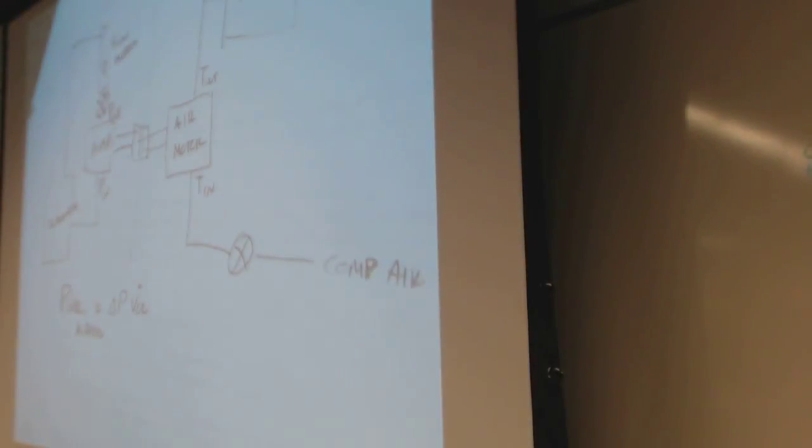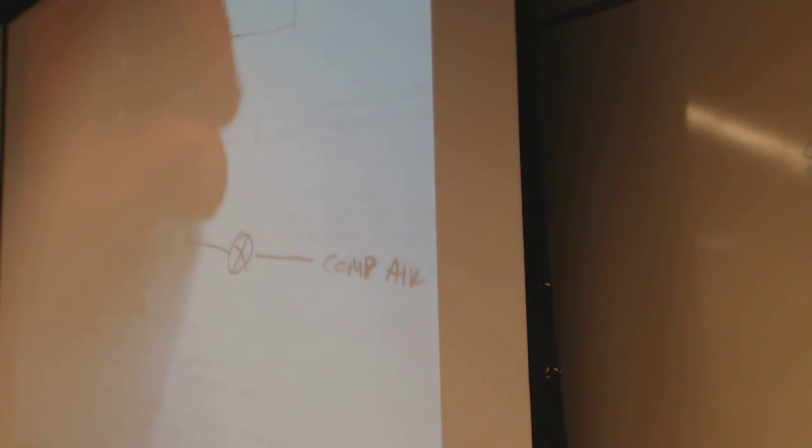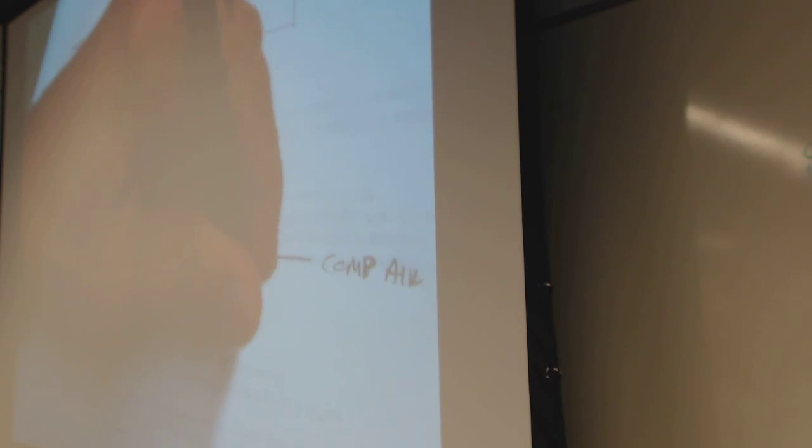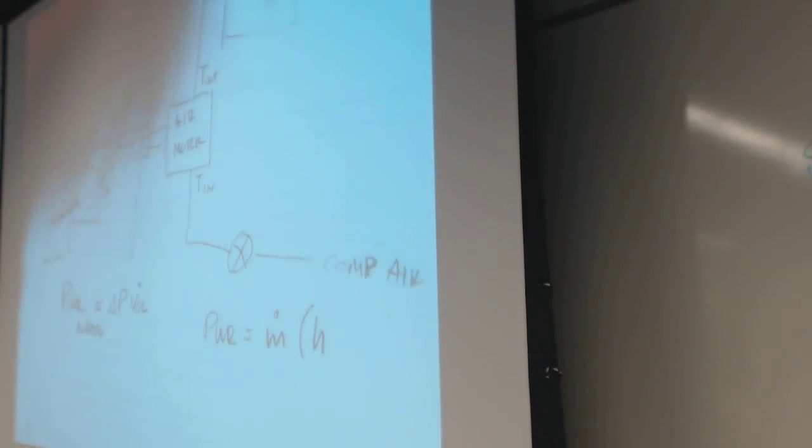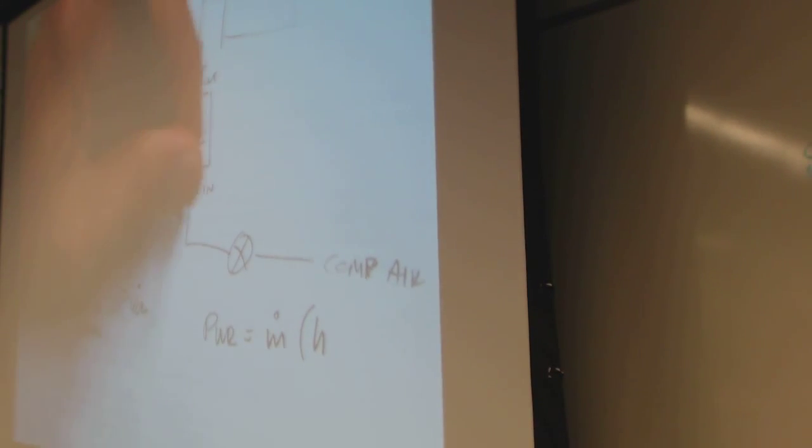Now, energy in is coming from compressed air. So the power is going to be mass flow rate times H, call that 2 and call this 1, H2 minus H1.